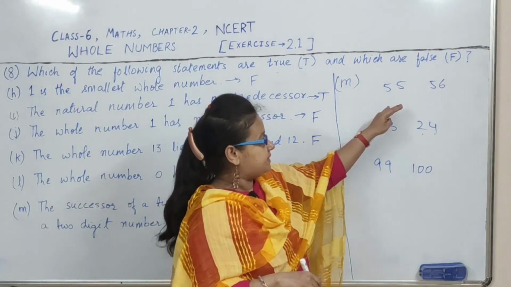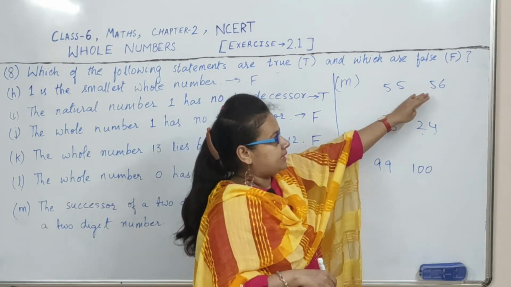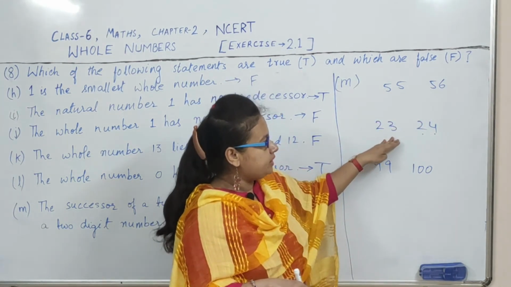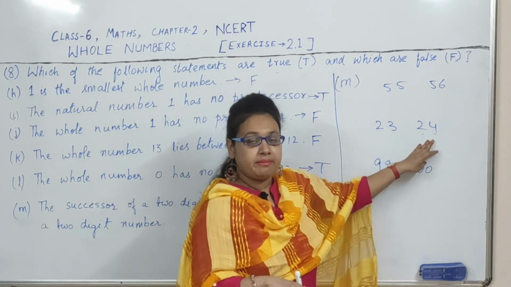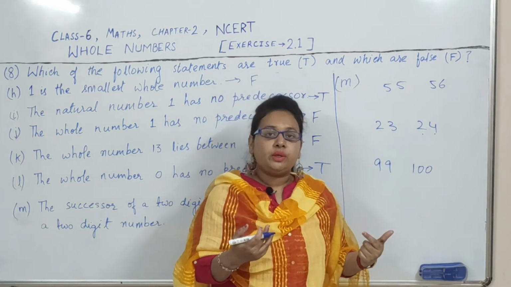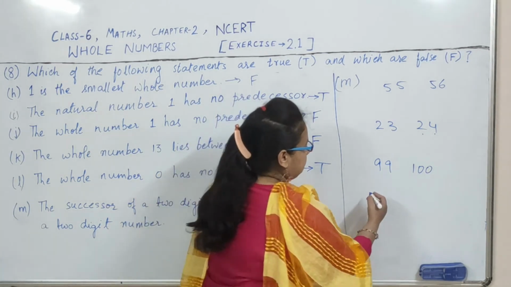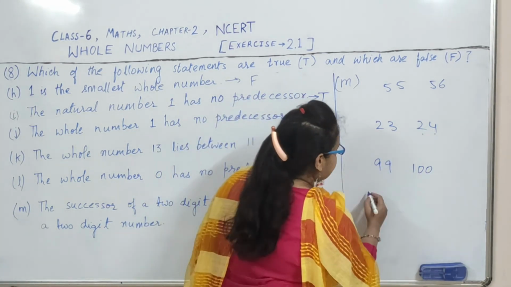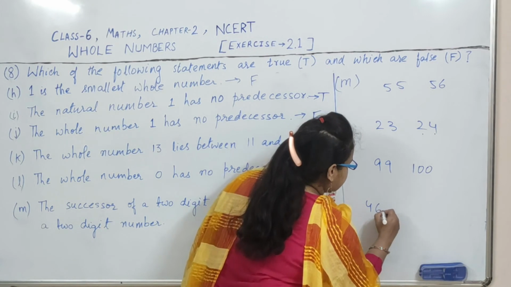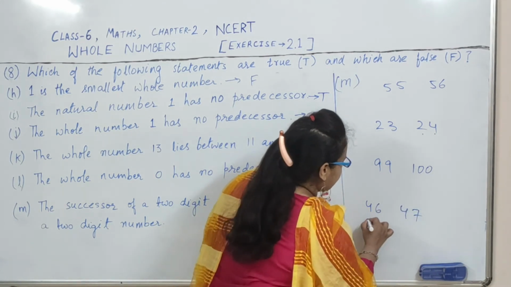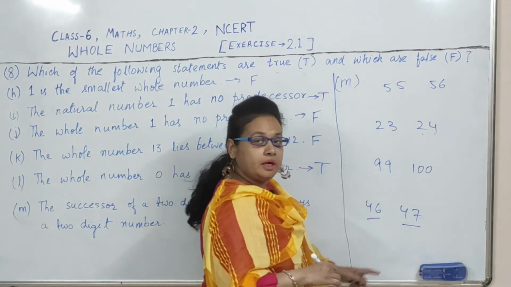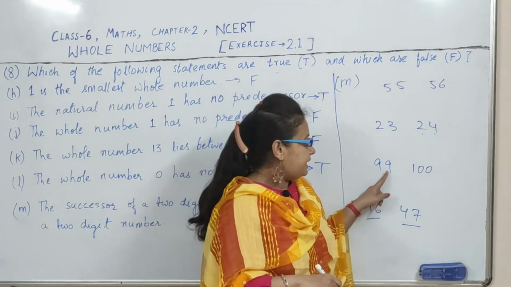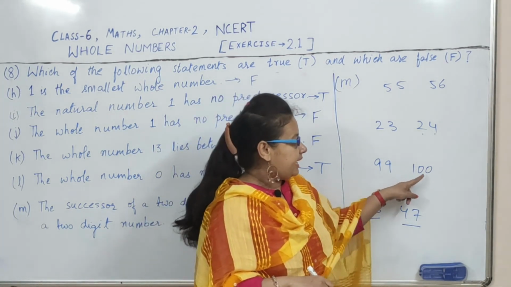So, what we have seen? This is a two-digit number, and the successor is also a two-digit number. There are many two-digit numbers which will have the same number of digits in their successor, like 46. The successor is 47. But 99, the successor of 99 is 100.